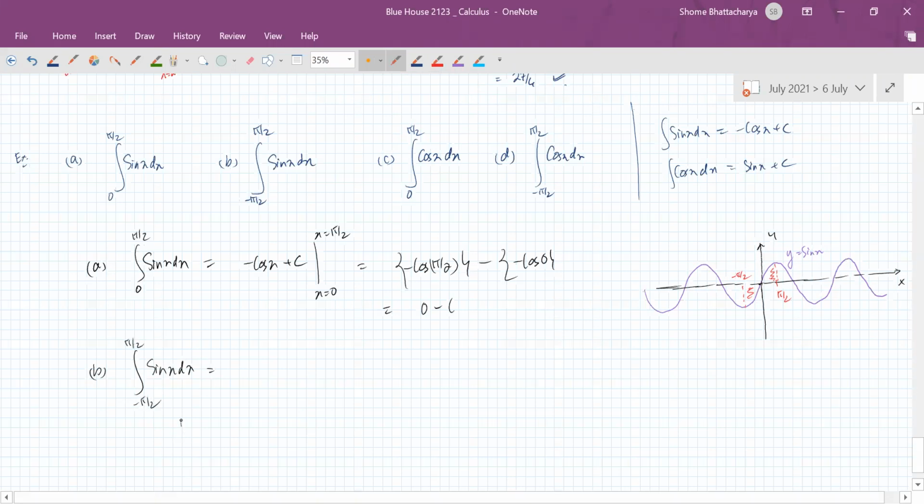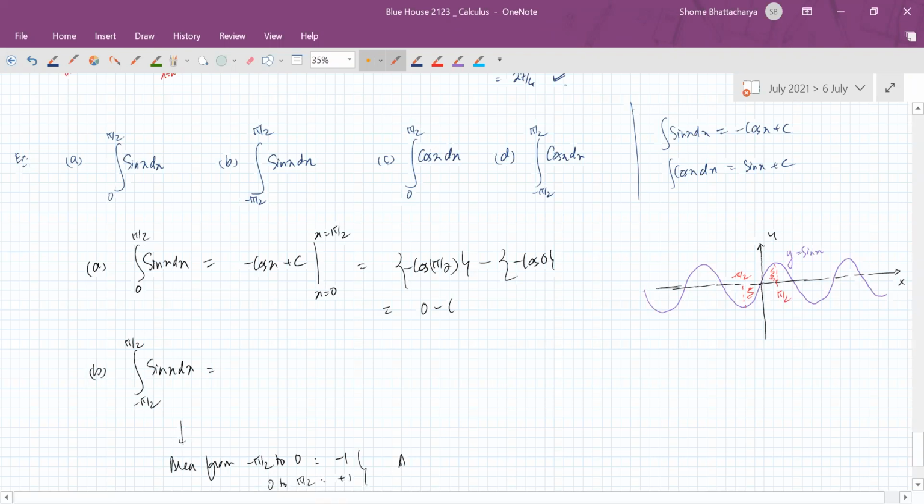So you can see that the area from minus pi by 2 to 0 is actually minus 1, and from 0 to pi by 2, that's plus 1.